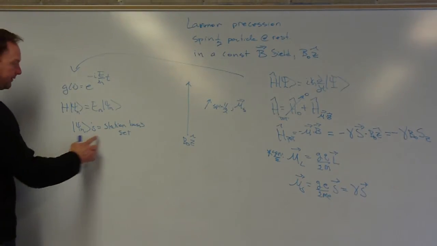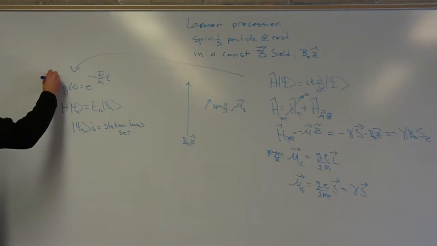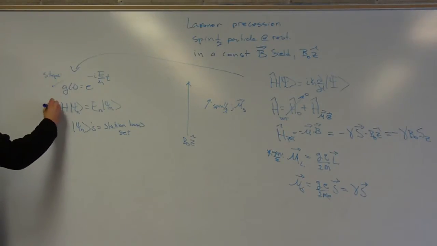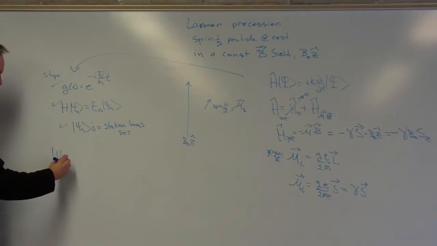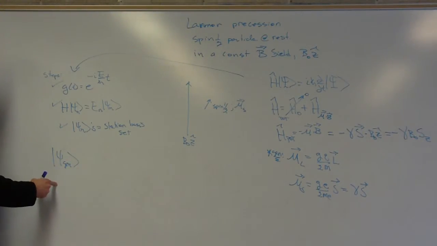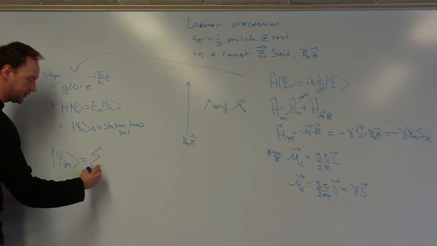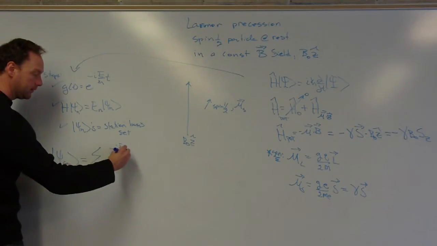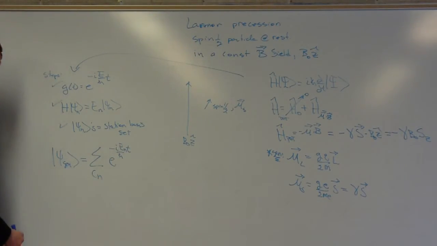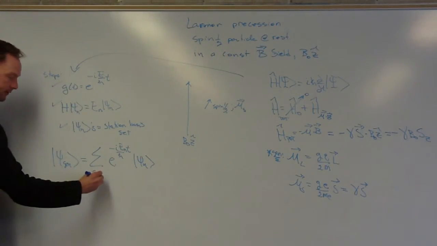All right, then once I found my stationary basis set, so here are the steps, and again, this goes right back to what we did last semester. Once I've got that, then what I would do is I would make a psi general, which would equal some constant C_n times e to the minus i E_n over h bar t times psi n, where I'd sum over the basis.